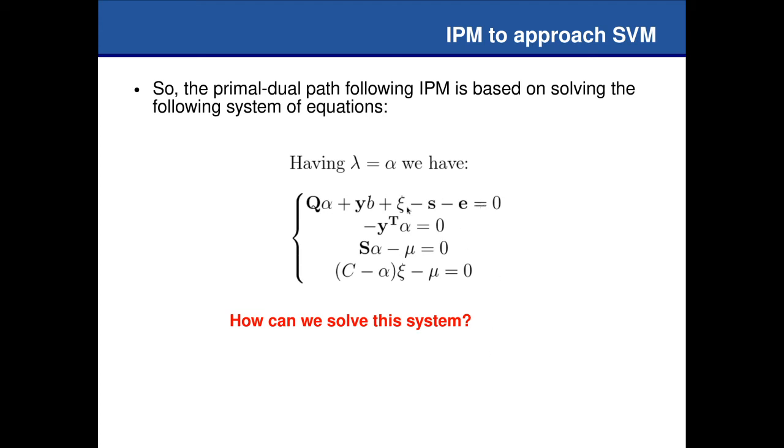We need to apply an algorithm that iteratively solves it for all those equations to be equal to 0. I have to start with some value to give importance to my barriers. I cannot just solve for mu equals 0 because I could cross the barriers. I think you guys remember that.